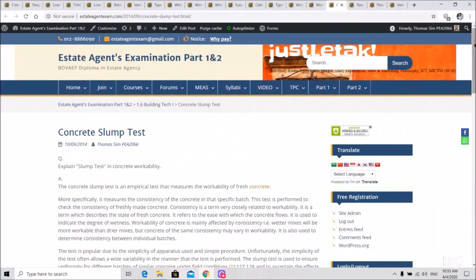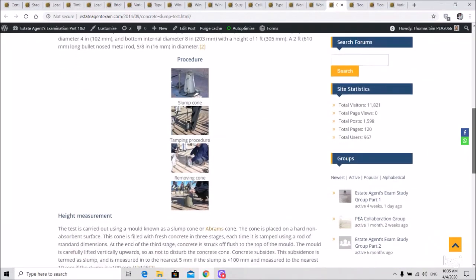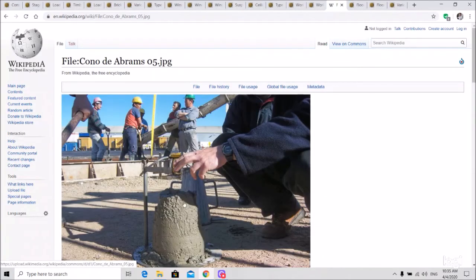So, the concrete slump test. There is a method to measure. They have a cone, a slump cone, they fill it, then they remove the cone and see how the concrete becomes softer or stronger, or maintains its shape or not.